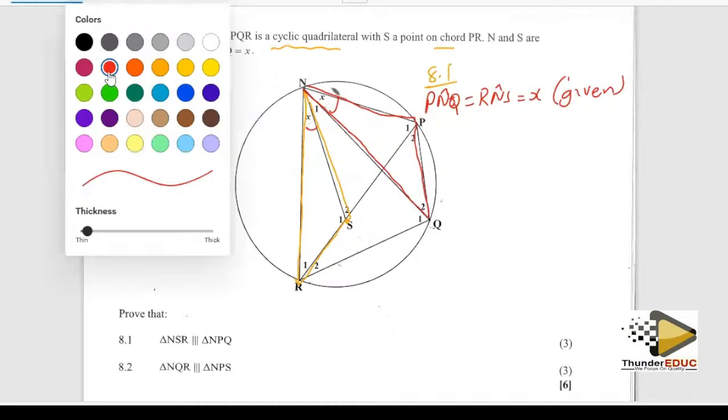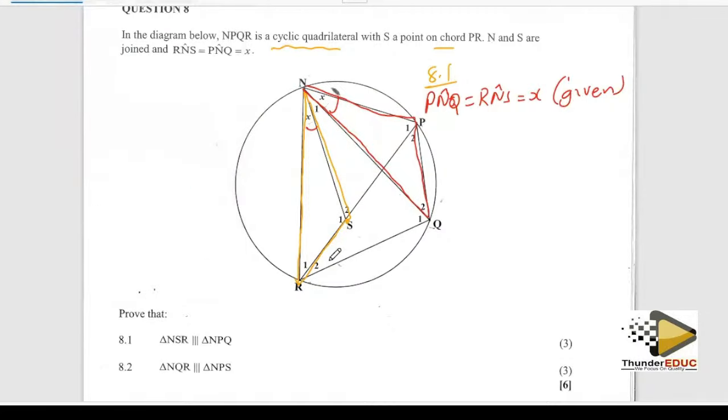Then, what else do I see? Which other angles? When I look at R1 and Q2, I can see that this is going to be the same as that.